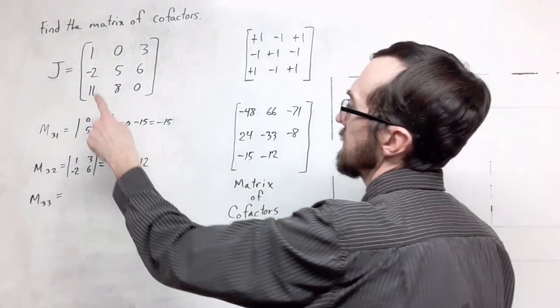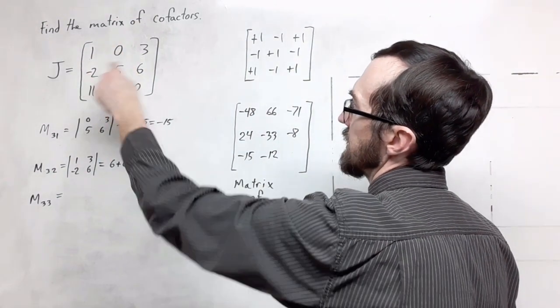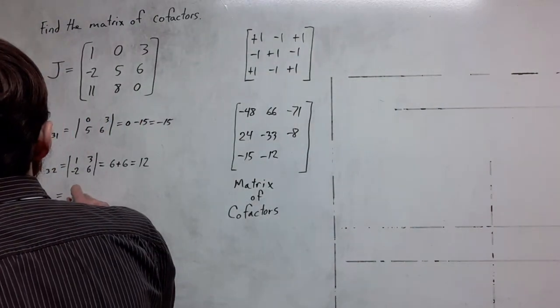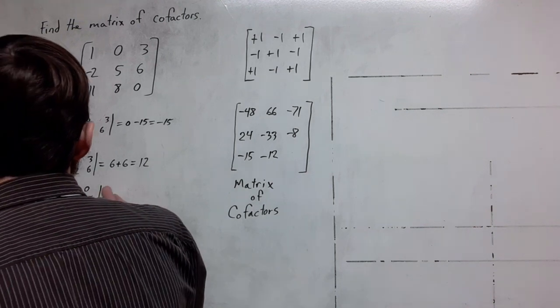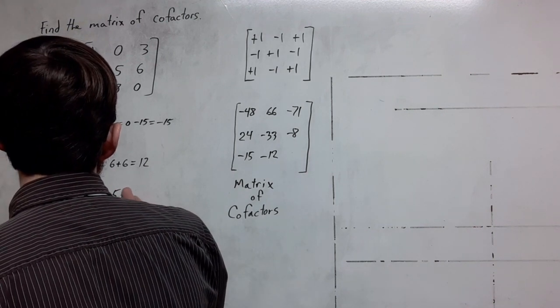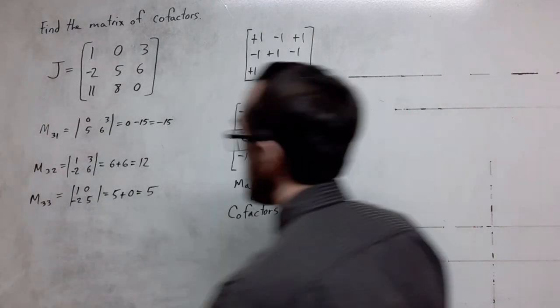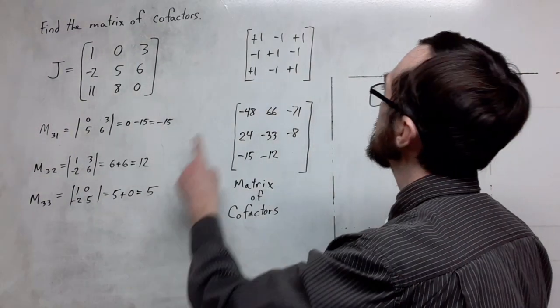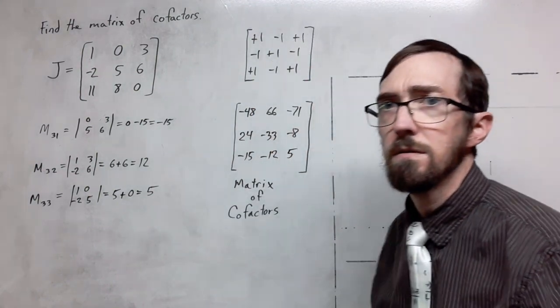And then lastly, we will eliminate the third row, the third column, to have 1, 0, -2, 5. We end up with a determinant of 5. Multiply it by 1, we will have 5 here.